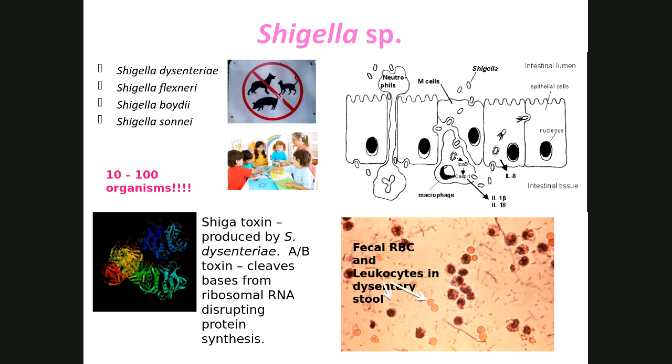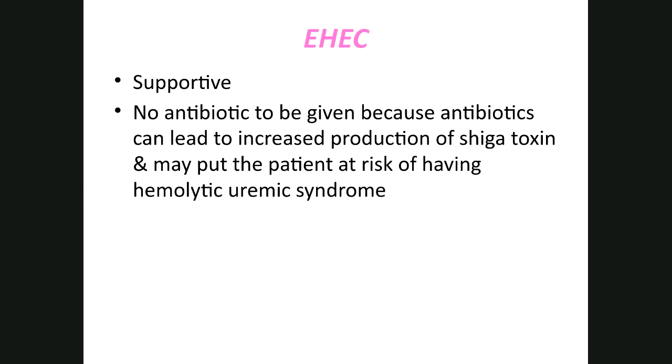Now, before we go on to the Shigella slide, this Shiga-like toxin is also produced by one variety of the organism Shigella, which we are going to discuss from the next slide onwards.